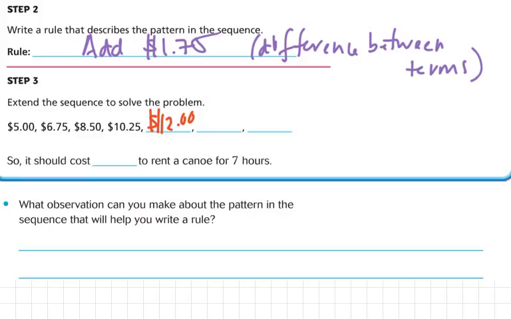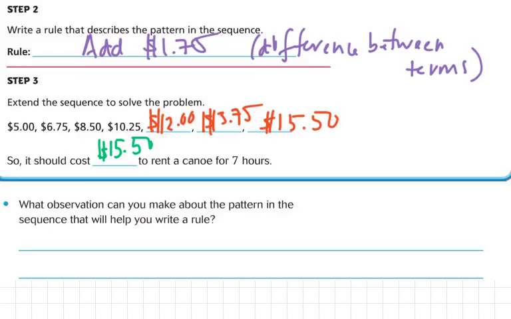If we add $1.75 to $12, we would get $13.75. If we add $1.75 to $13.75, we would get $15.50. So boys and girls, it should cost $15.50 to rent a canoe for 7 hours.